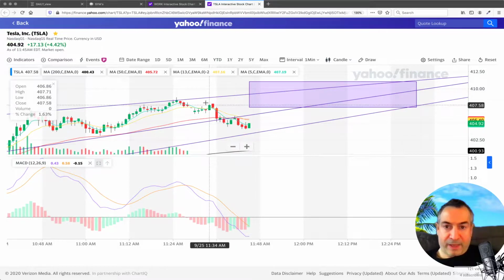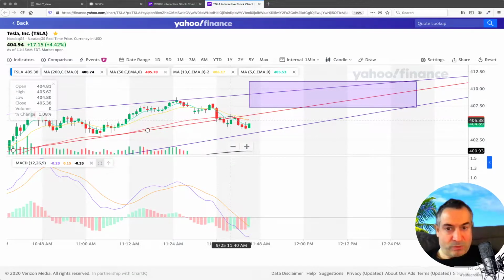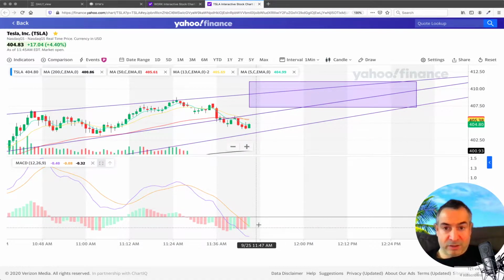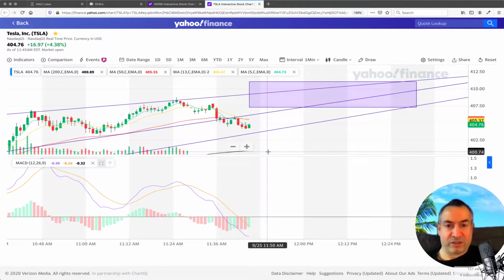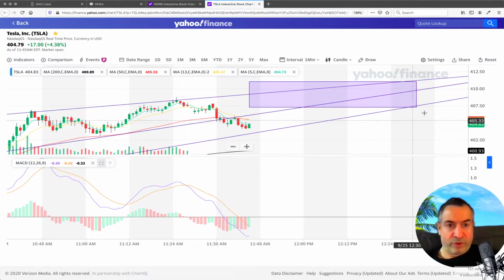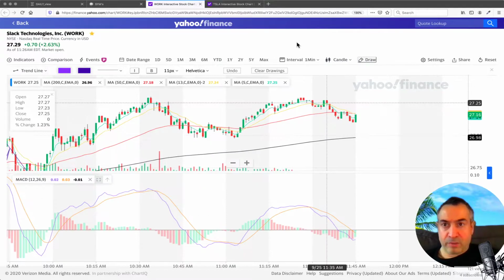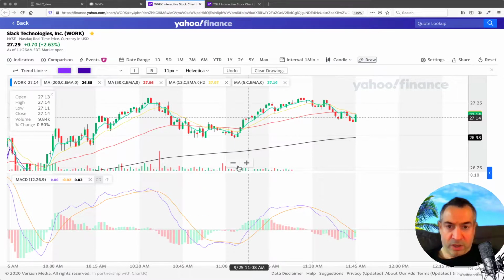I was thinking that Tesla was not going to go below the 50 moving average, but it just went through it. But I can see some recovery before it's even touching the 200 moving average. That means we're still within the range, within the objective of reaching 420, 425 by the end of the day today at 4.